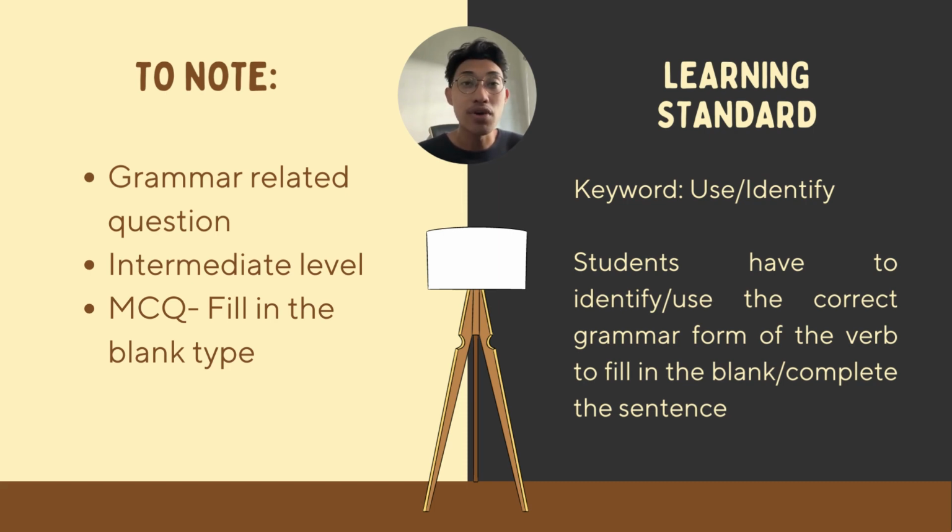The keywords of application are use or identify, which is students have to identify or use the correct form of grammar to fill in the blank or to complete the sentence.